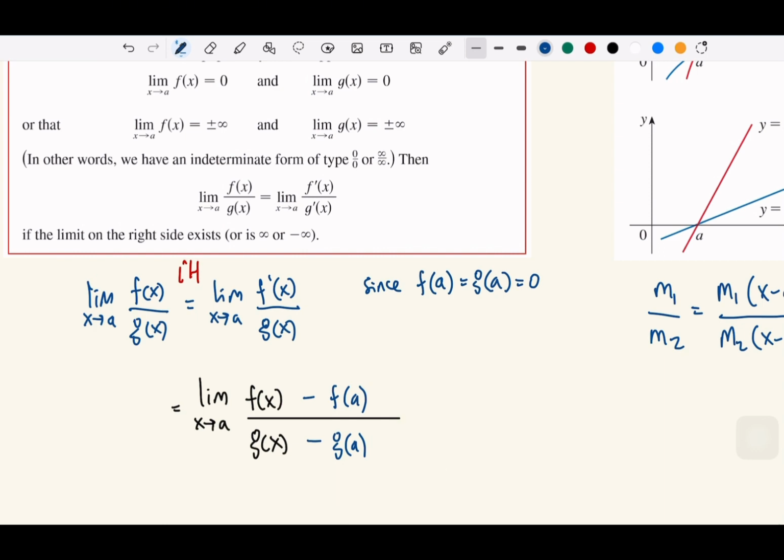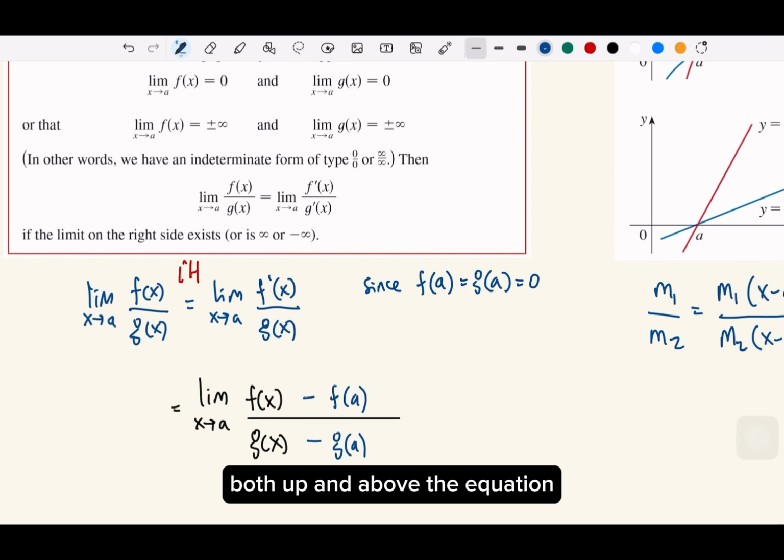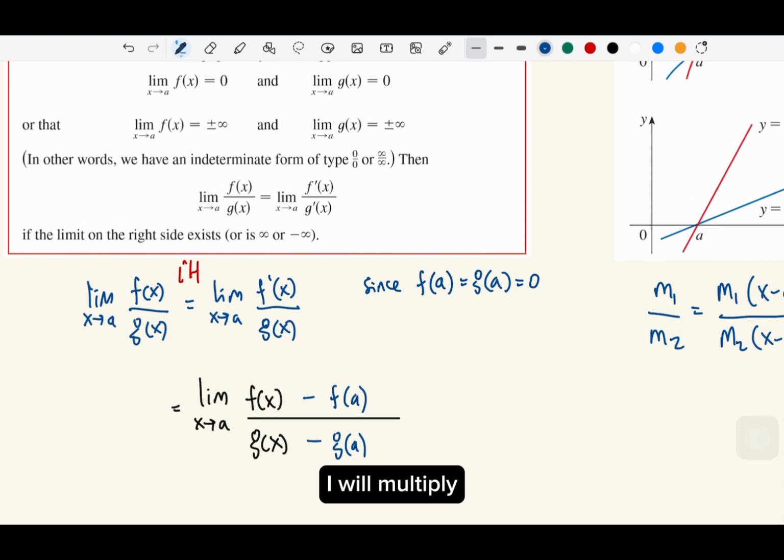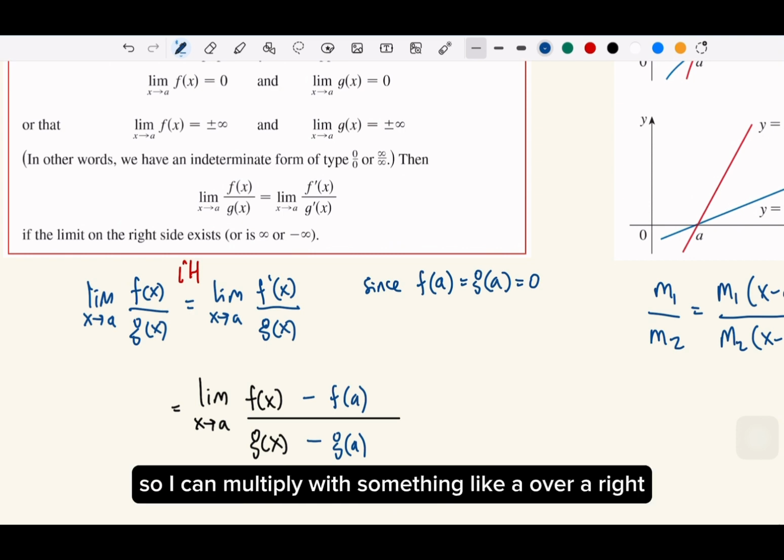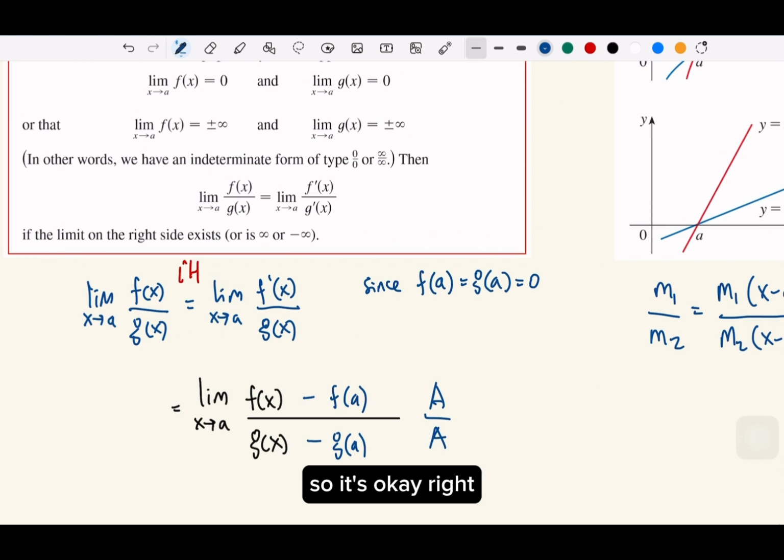And then for both the top and bottom, I will multiply. I can multiply with something like a over a, because a over a is just 1, so it's okay, right?